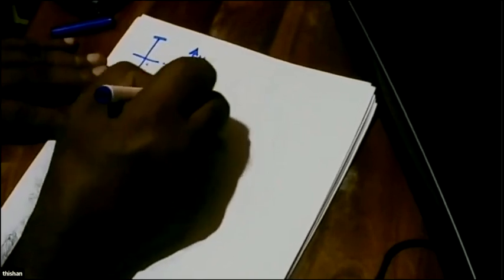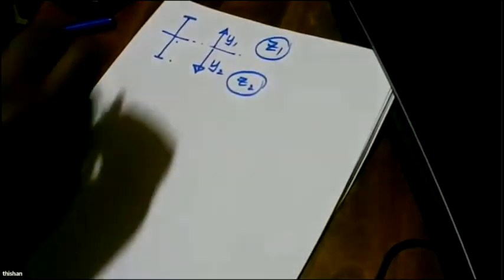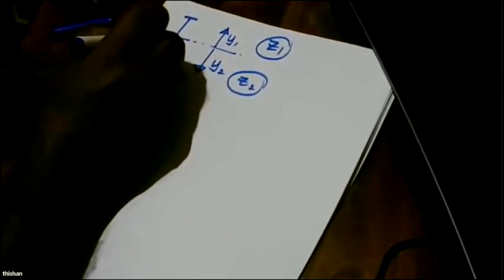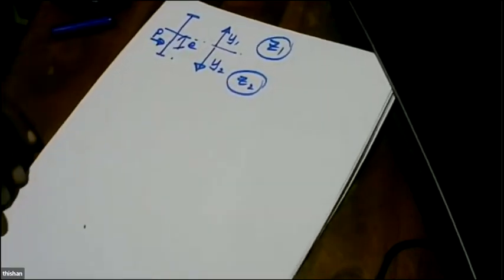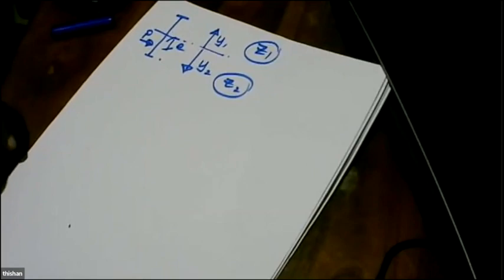So this is a section, and let's say the neutral axis is there, and this is y1, this is y2, and this is z2, and this is z1, and I'm going to apply the pre-stress at an eccentricity E.